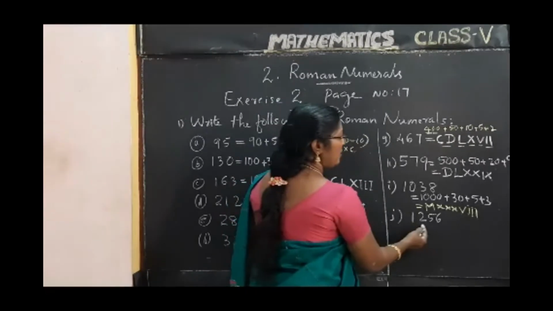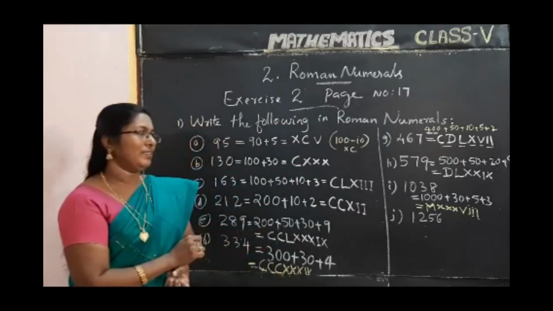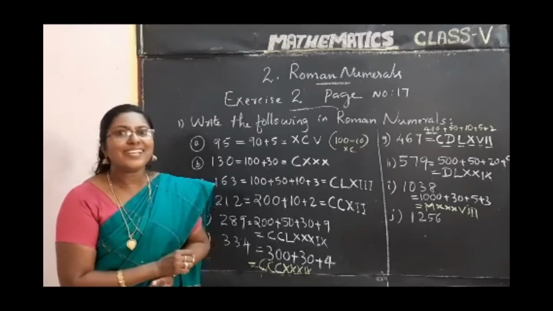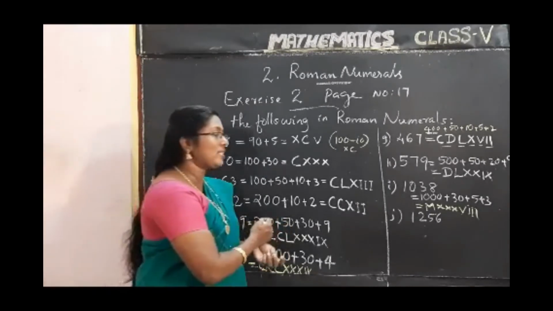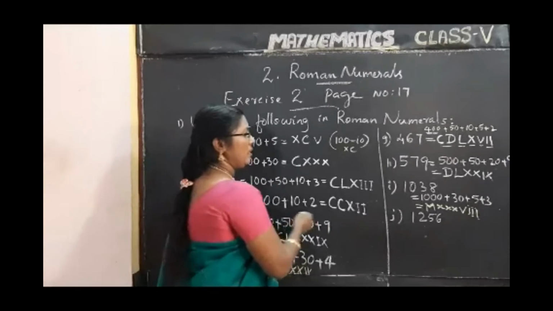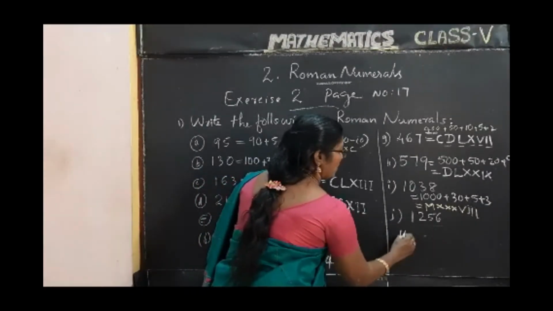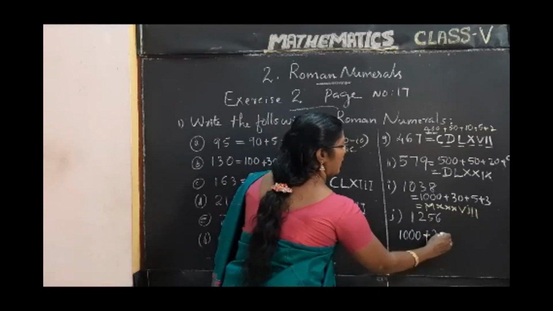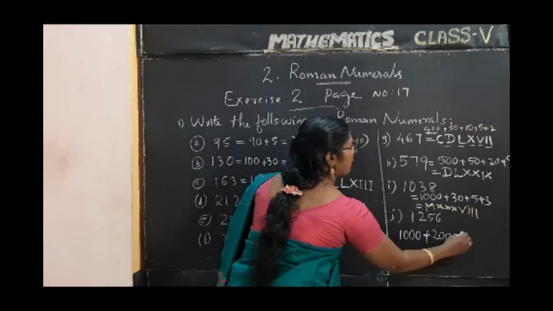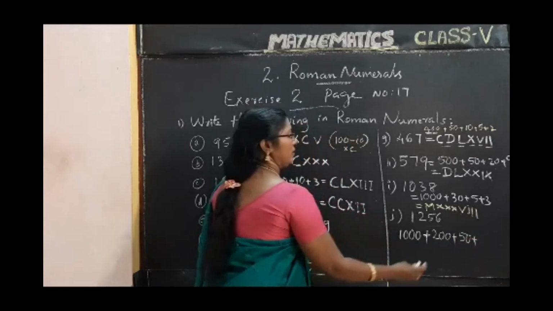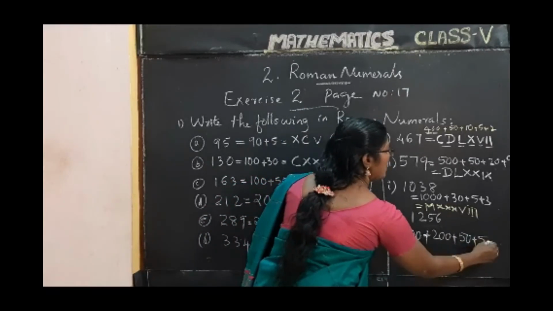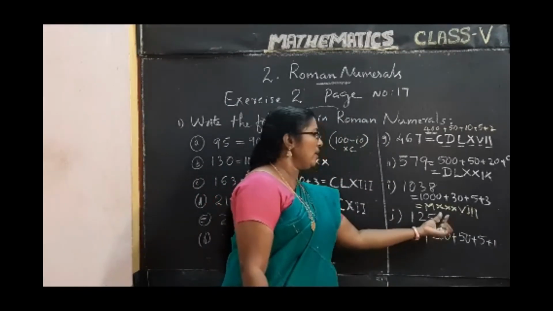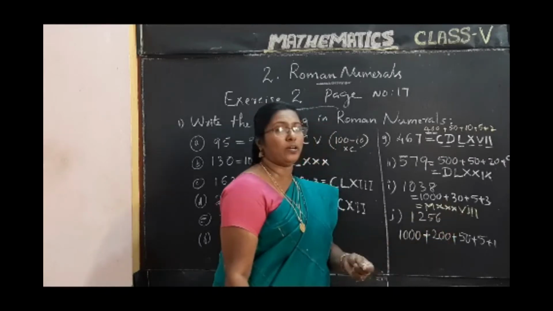Yes, the last one. 1256. Can you write 1256? Here 1000 plus 200 plus 50 plus 5 plus 1.